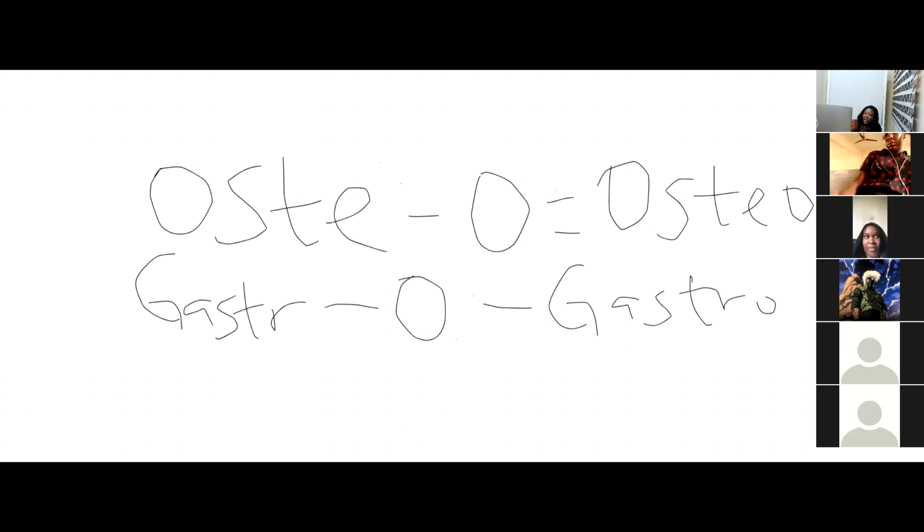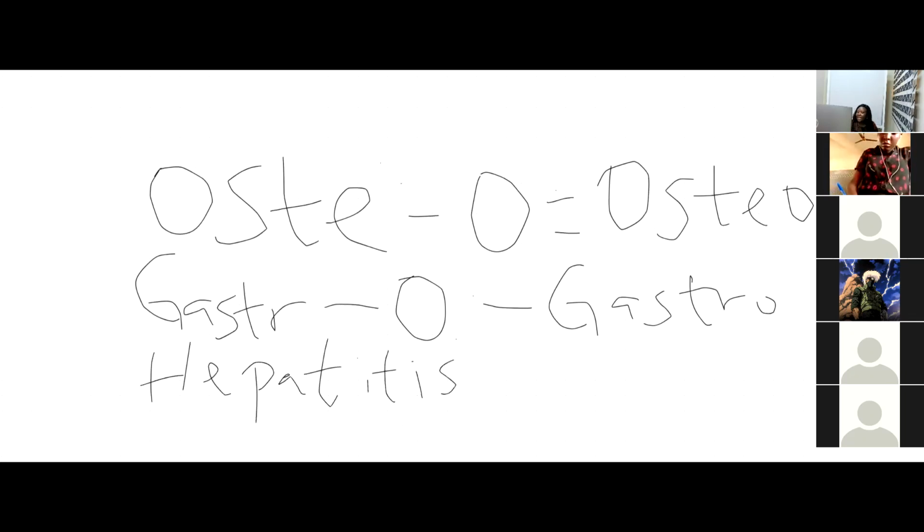The part that was added to it is ITIS, but in most cases, the combining letter that is added to the root word for it to have a meaning, for you to understand, is usually the vowel O. So that's about the combining forms.